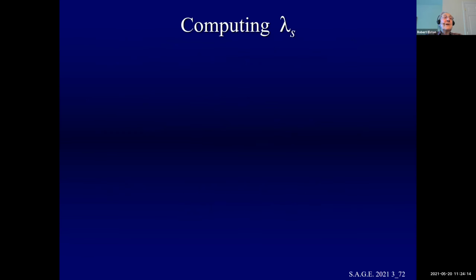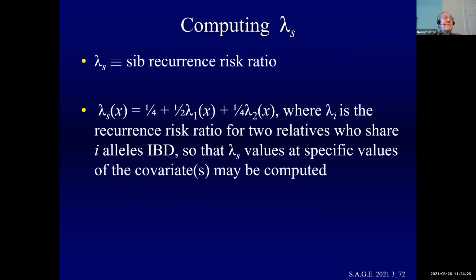Okay. How do we compute lambda S? Lambda S is the sib recurrence risk ratio. At a particular value X, it is a quarter plus a half lambda 1 of X plus a quarter lambda 2 of X, where lambda I is the recurrence risk ratio for two relatives who share I alleles identical by descent.